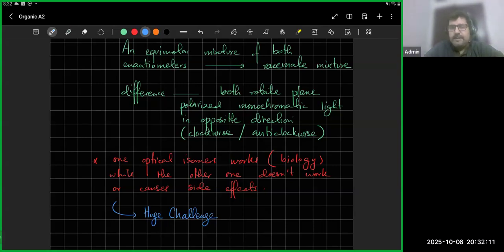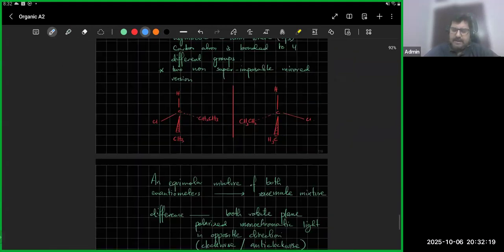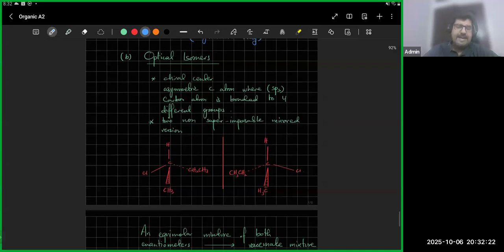You're not sure about the yield because you're not sure which one you are getting. Like if you make 100 molecules of this, and let's say the left one is the correct one, maybe you just end up with 30 of these and 70 of these. That means you would need a higher dose of medicine. So a lot of the time, the reason medicine is not working is that maybe the medicine you bought was so bad that this was the one that was working well, and this was the one that wasn't working well.